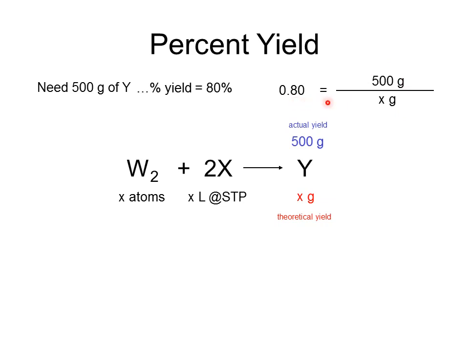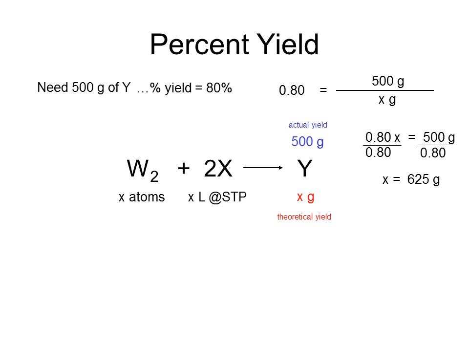I'm going to multiply 0.8 times X, and I'll get 0.8X equal 500 grams. To solve this, I will divide both sides by 0.8, and I will find out that X, my theoretical yield, is 625 grams of Y. What this means is I need to try to get 625 grams of Y, and I will end up with only 80% of this, which will give me the actual yield I need of 500 grams.